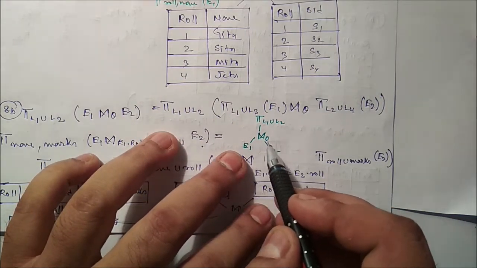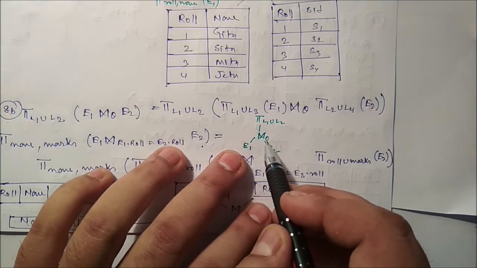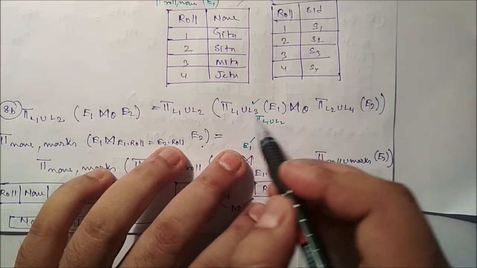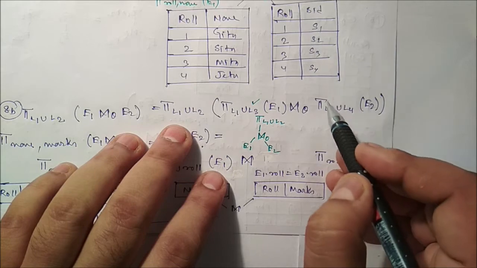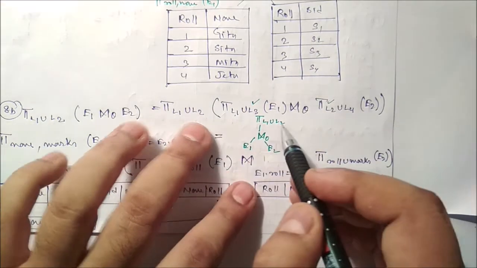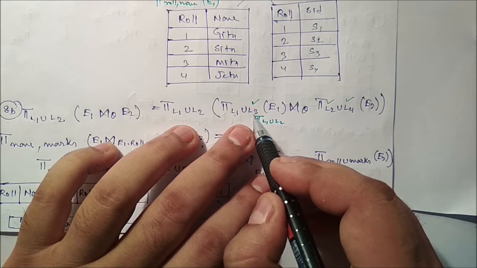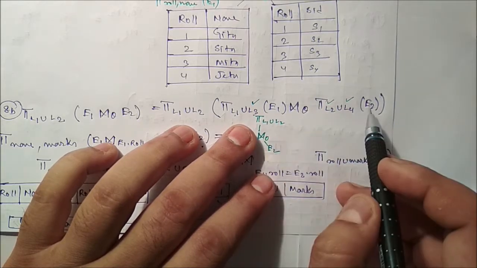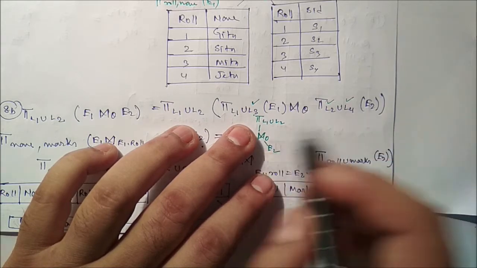Here we select all the attributes. Instead of selecting all the attributes, we have to select only the required attributes. So here L1 is required because it is needed in the output. L2 is required because it is needed in the output. But L3 and L4 we include because L3 and L4 are used to join the tables. So we have to select only those attributes which are used to join these particular tables.